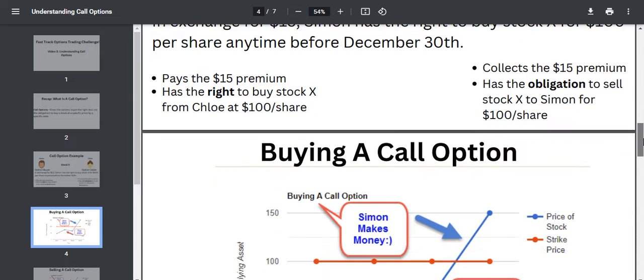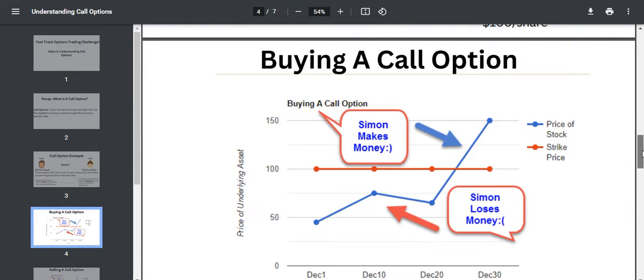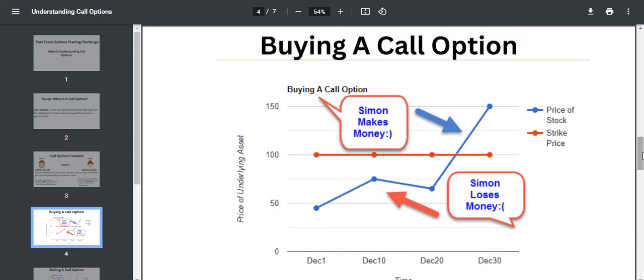Now, let's look at this trade from Simon's point of view. Simon is betting that stock X is going to rise above $100 per share at or before December 30th. If it does, Simon will exercise that option and force Chloe to sell stock X to Simon for $100 per share. So $100 is the strike price. Simon wants the price of stock X to rise above the strike price.